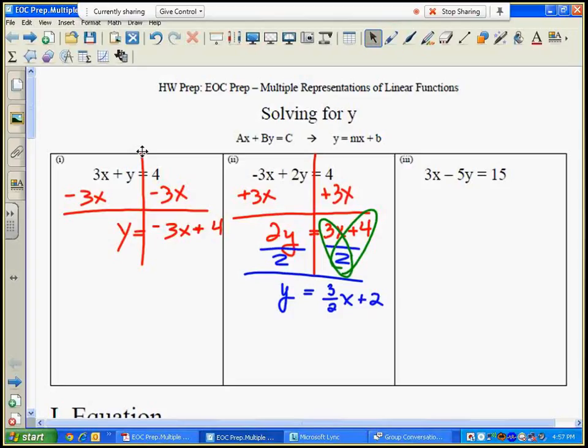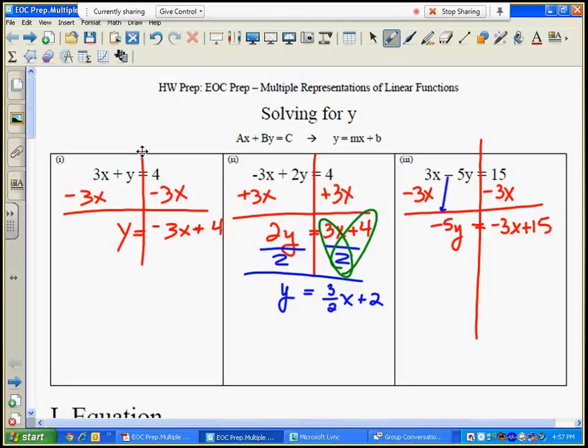Okay, last one. Here we'll subtract away the 3x. And we have negative 5y equals negative 3x plus 15. Common mistake here, too, is not bringing down that negative with the 5y, because that 5y is being subtracted.